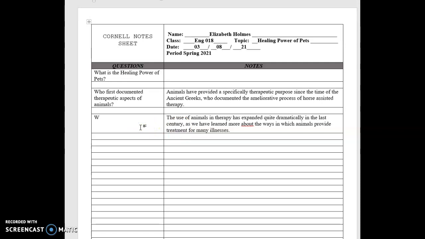So my keynote over here, I'm going to keep it in question form. Why has the use of animals in therapy expanded? So once again, when I use my notes to study, I ask myself the question and I see if I can answer it.